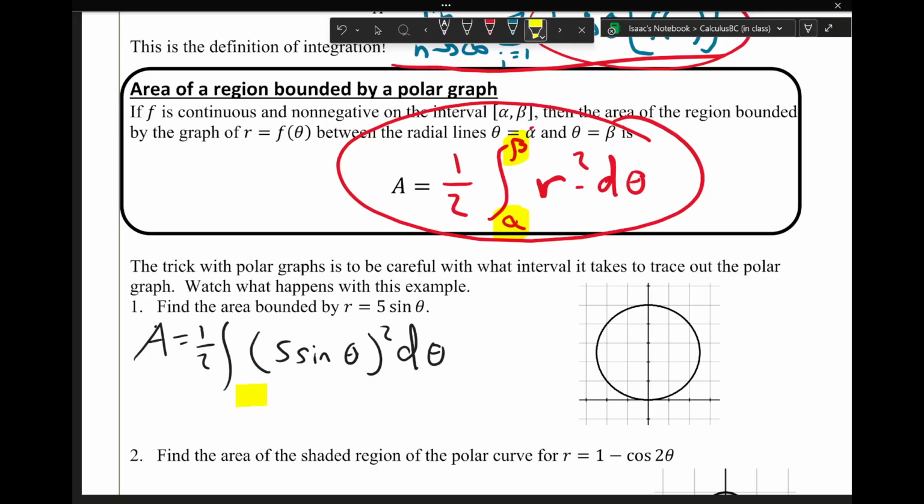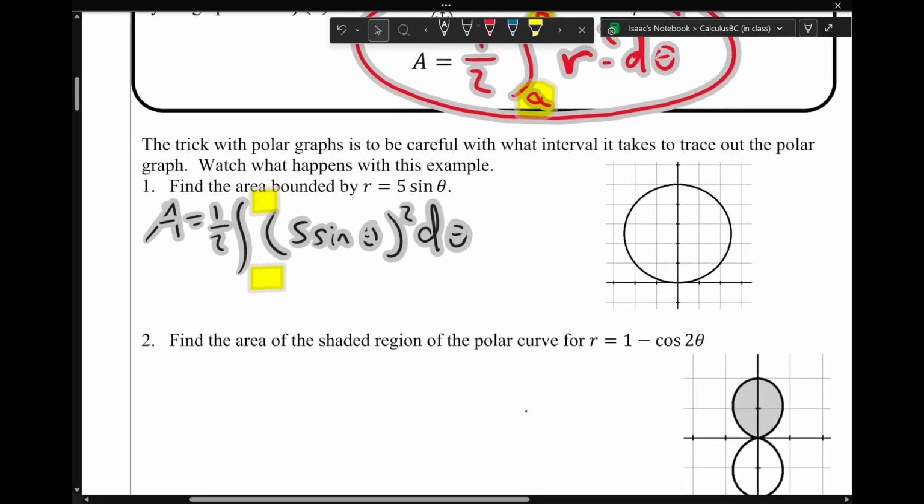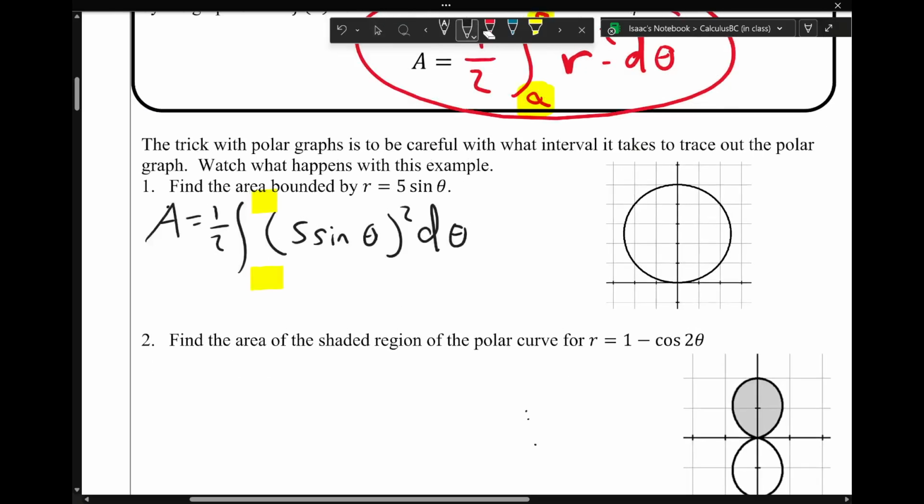But what am I integrating from and what am I integrating to to get this shape? And now notice, and this is why I wanted to make sure we started talking about this today, because I need this to be on your radar so that you can put some effort into this on the first handout. But you look at your picture over here, who knows what the starting angle is and ending angle is?